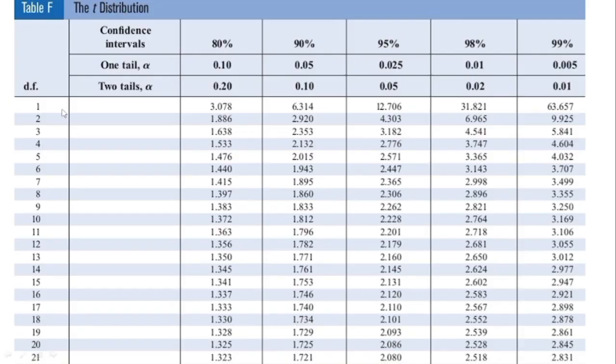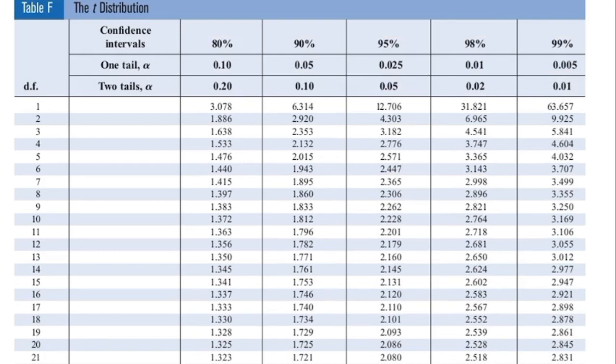We will be using this t-distribution table to get our critical value. Reading it is the same as how we read the z-table before.